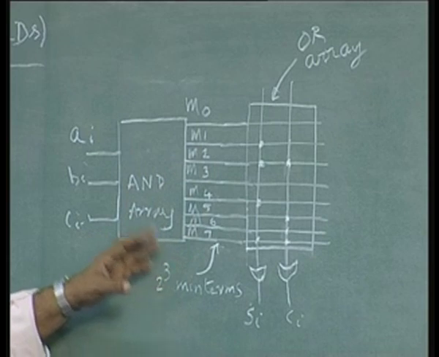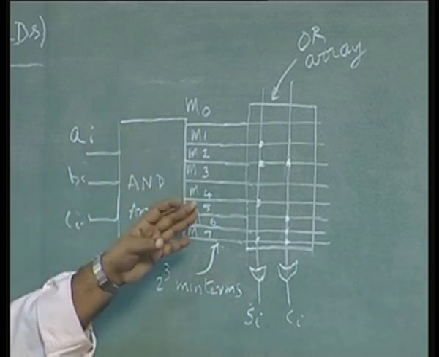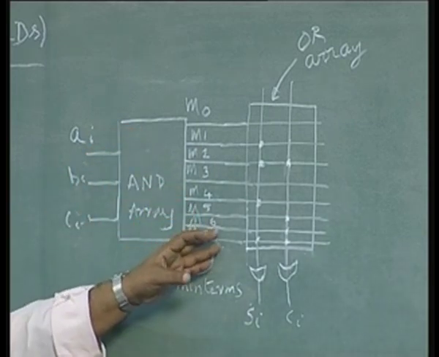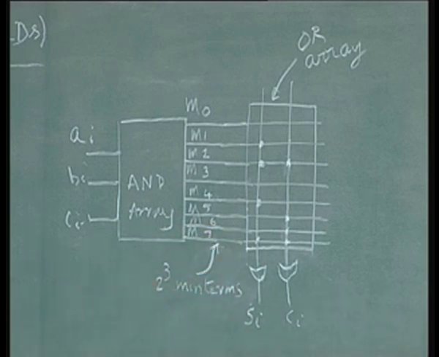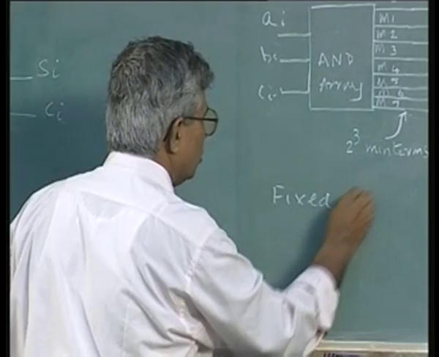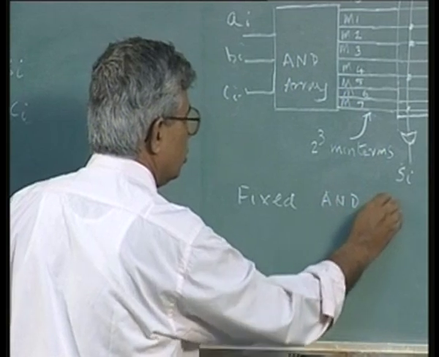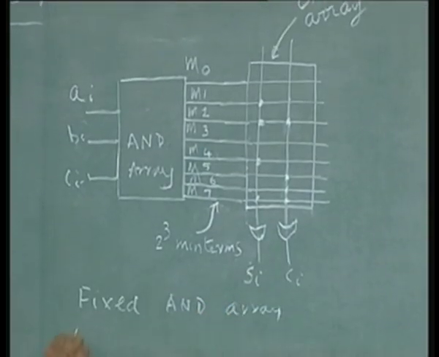All the minterms will be generated. The moment you have the number of inputs, the outputs are fixed. But in what way you are going to combine these minterms is the programmability. So, this is a fixed AND gate array and programmable OR array.